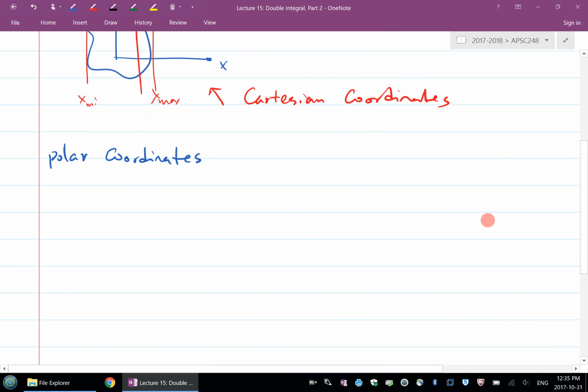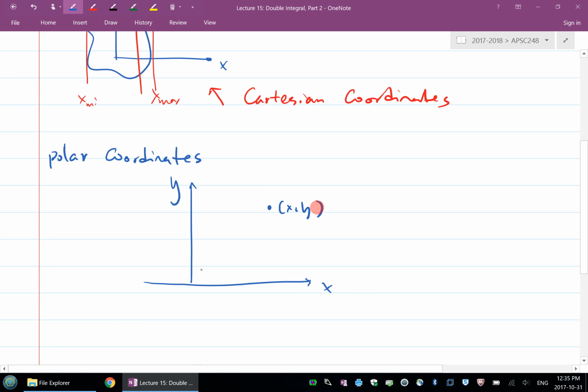Now, if I draw an xy coordinate system here and pick a point in the xy coordinates, this is basically with the coordinates of x and y, right?